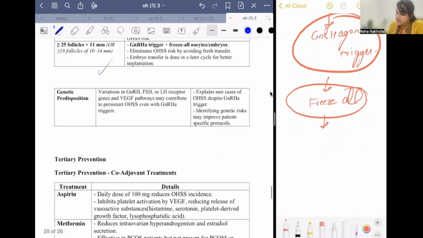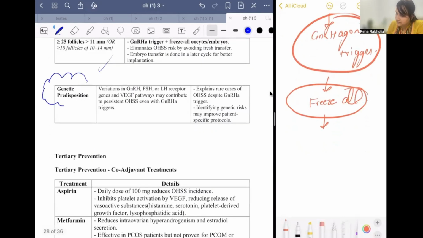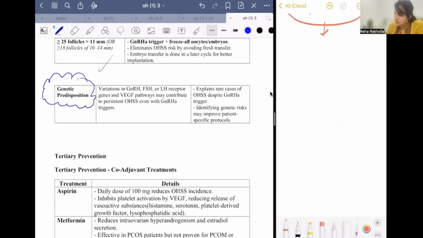Now we'll talk about genetic predisposition. Interestingly, in some patients OHSS develops even after GnRH agonist trigger.